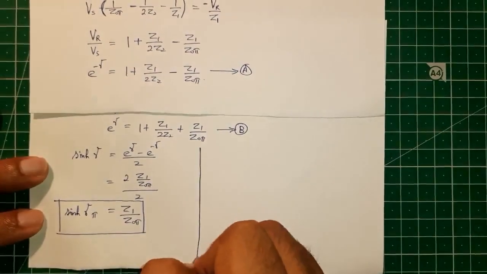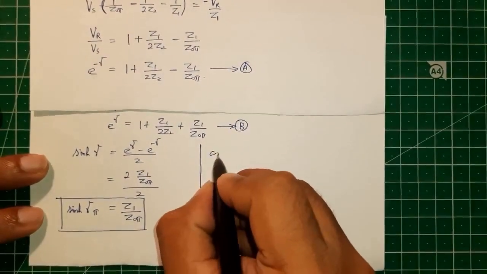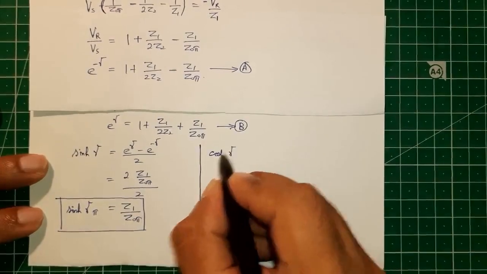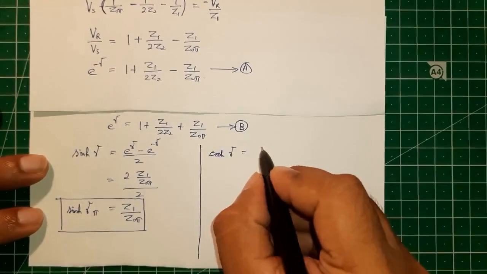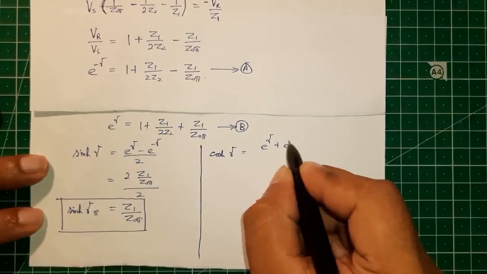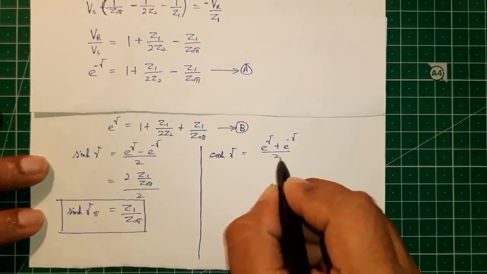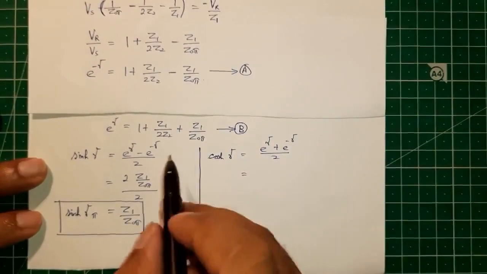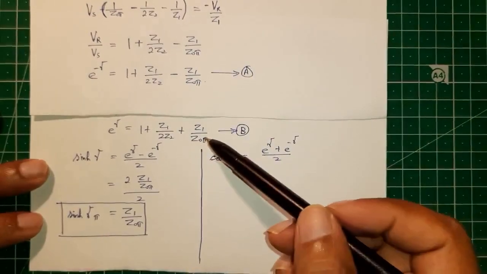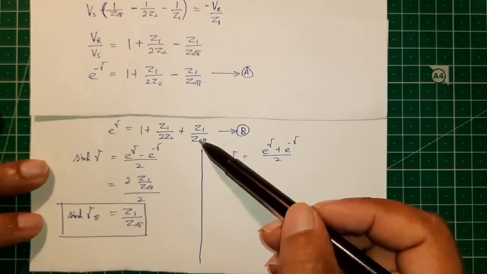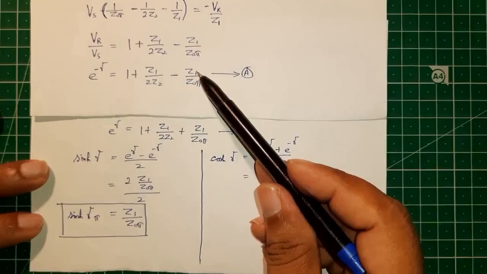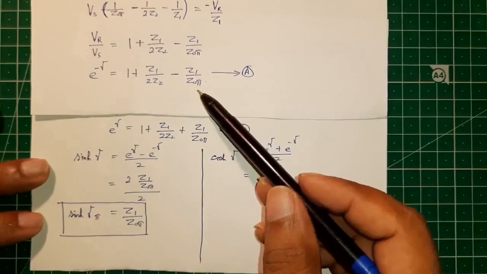Okay, now what is cos h gamma? That is e power gamma plus e power minus gamma divided by 2. Now what is the cancelling term here? Z1 by Z0 pi and minus of Z1 by Z0 pi.